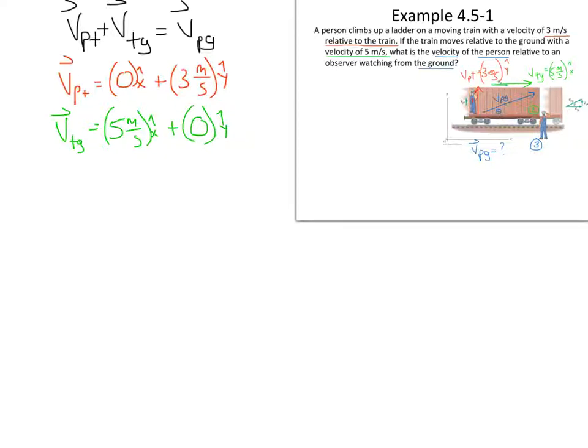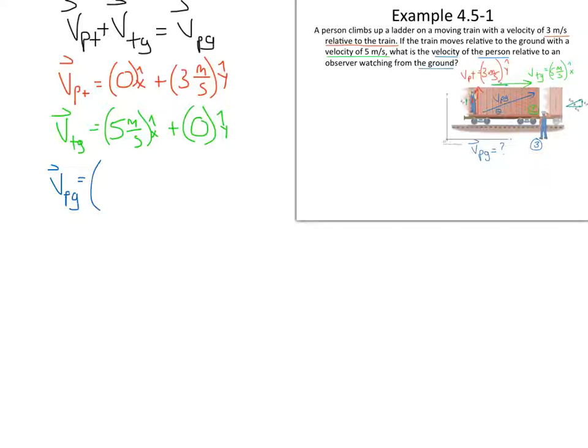Well, to find velocity of the person to the ground, we have to add up the x's and then add up the y's. All right, so it's going to be pretty simple math right here, but I'm going to write it out just for practice. Velocity of the person on the train with respect to the ground is going to be the sum of those first two vectors.